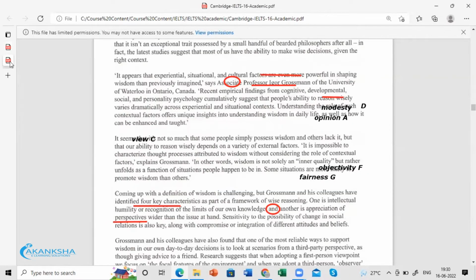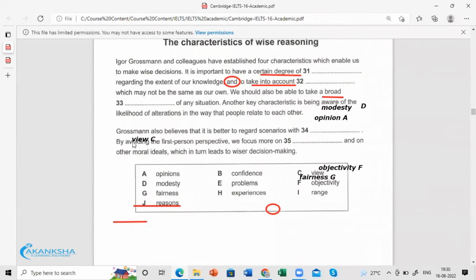That is broad, means bigger. So, what is that, attitude or beliefs? That is as a view. Take a broad view of any situation.